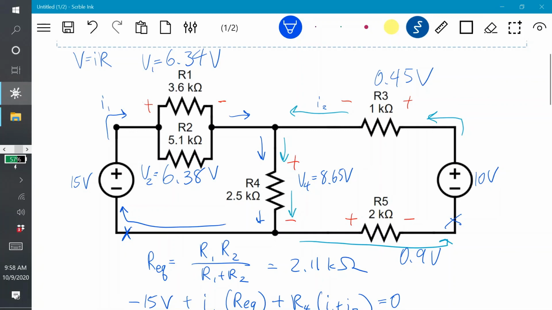I'm just going to take the average of these, 6.36, plus 8.65. Now when I add up the voltage in this loop, it gives me 15.01 volts. That's about the same. There's some rounding errors, I think. So we know that these values are what we should be getting when we put these into Tinkercad.